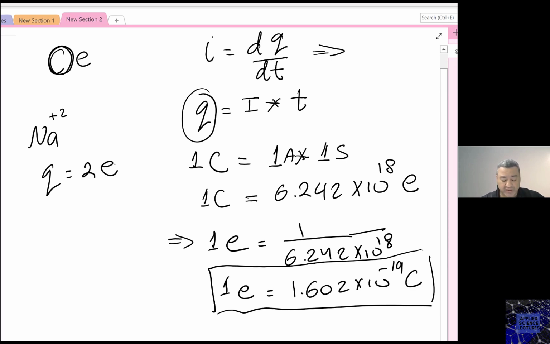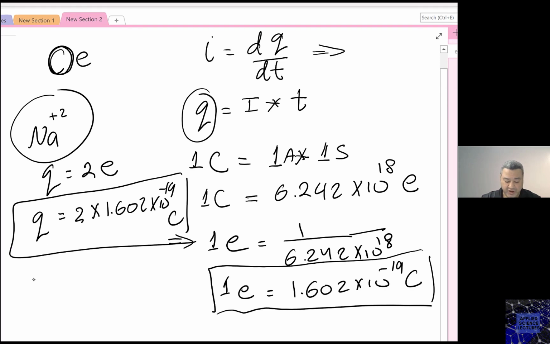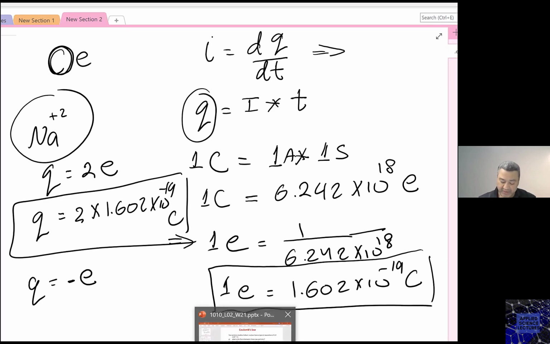I can write it as 2e, and then the total charge for this positive ion is 2 times 1.602 × 10^-19 Coulomb. If it's an electron, then the charge would be minus e. Okay, so this is the e.